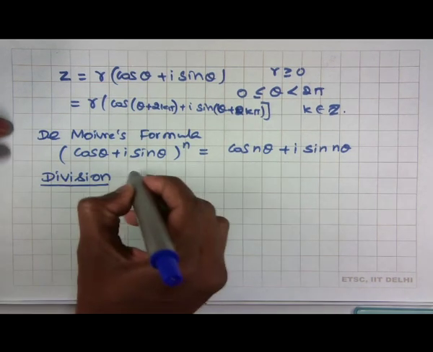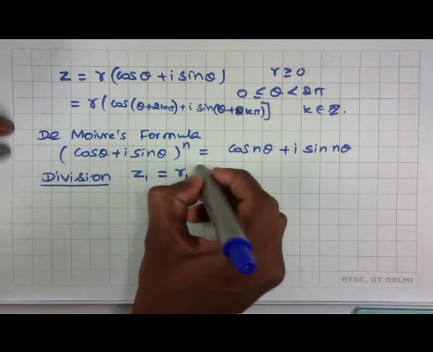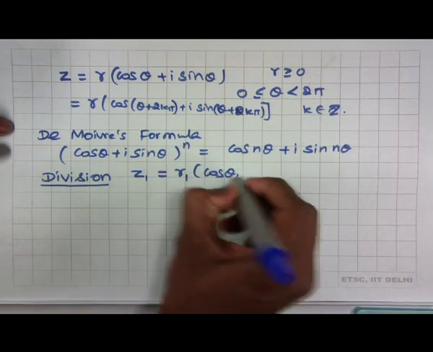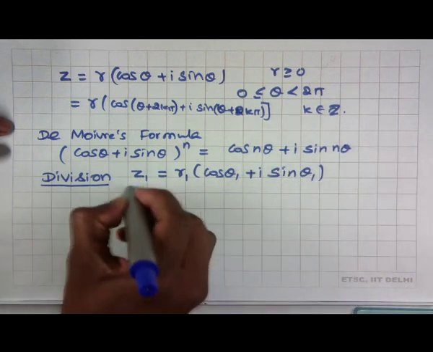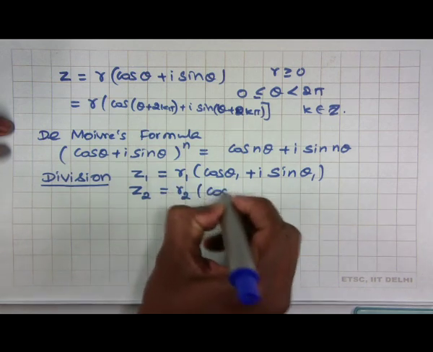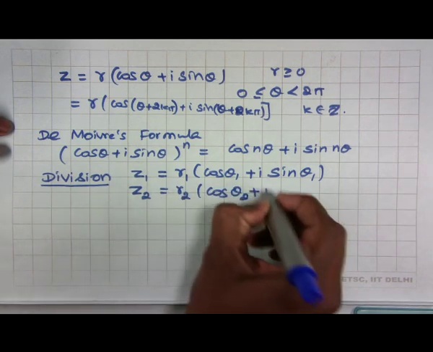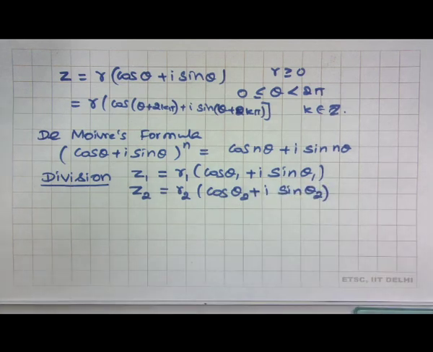Suppose we have two complex numbers, z1 in the polar representation r1 (cos theta 1 plus i sin theta 1), and z2 is r2 (cos theta 2 plus i sin theta 2).